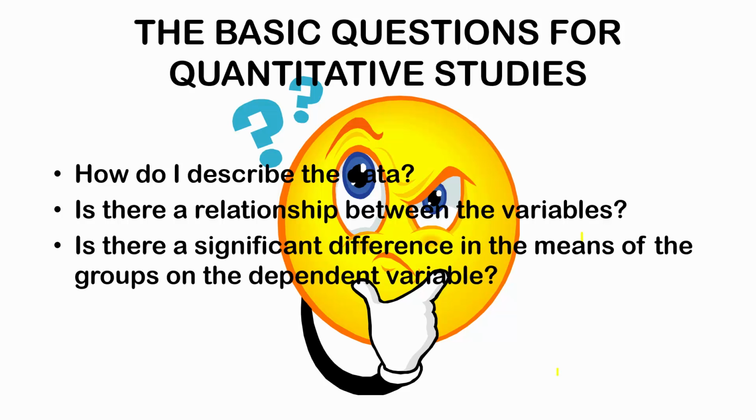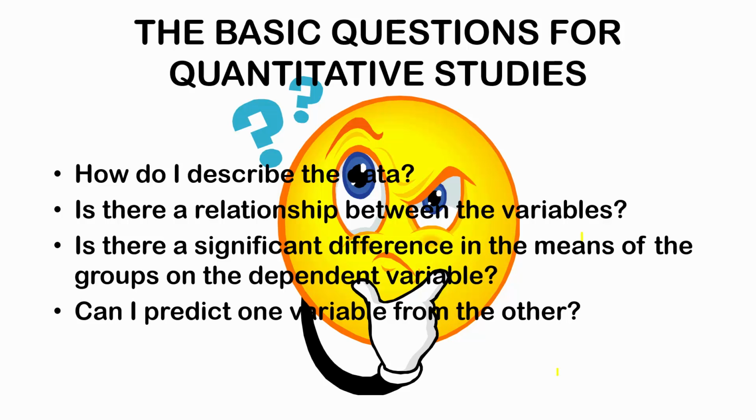Now, is there a significant difference in the means of groups on the dependent variable? In other words, did group A score significantly different on the variable I'm measuring than group B, and can that decision be made within a reasonable amount of certainty? And that certainty will be discussed later when we talk about analysis of data.